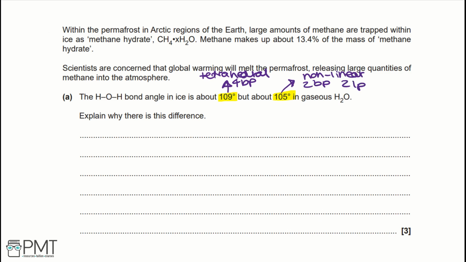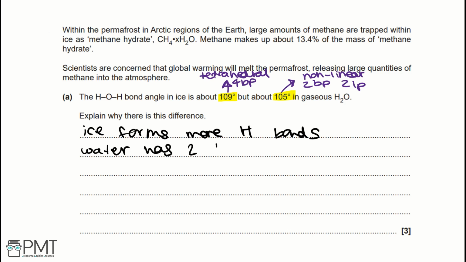The first thing we need to write in our 3 marker is that ice forms more hydrogen bonds than water or gaseous H2O. That's talking about its properties, and hydrogen bonding is a type of intermolecular force. Secondly, we need to write that water has 2 bond pairs and 2 lone pairs.